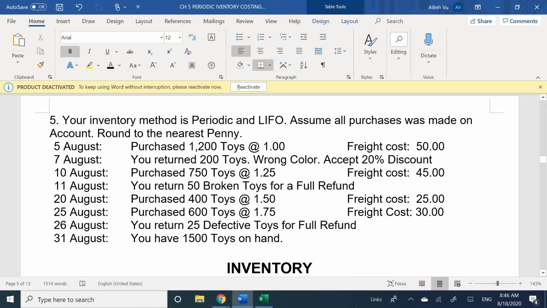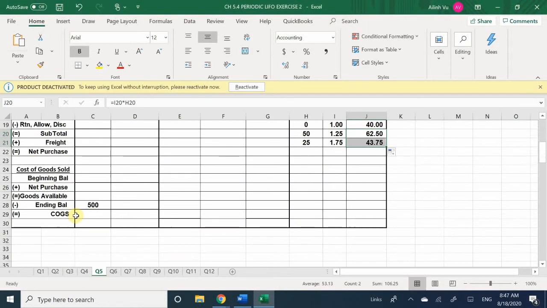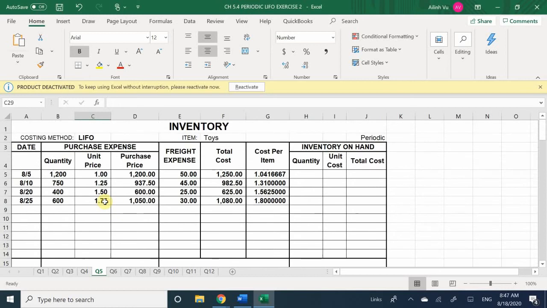You have 1,500 toys on hand on August 31st. Okay. So I'm going to go ahead and indicate here that I have 1,500. Okay. So what do I do first?